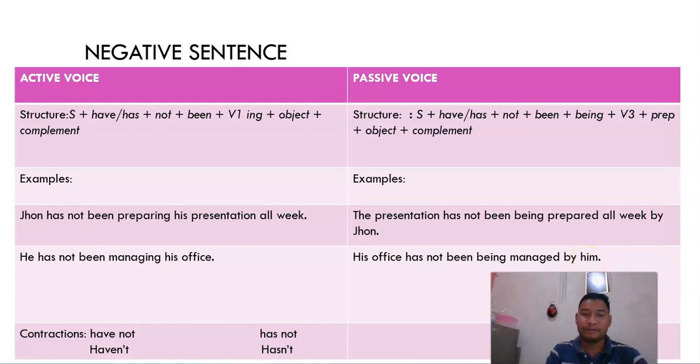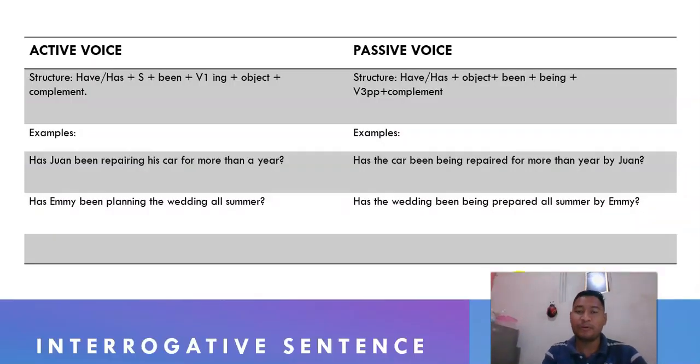Okay. Next slide. Interrogative sentence. As the last point, we have the interrogative sentence. In this case, we exchange the position of the subject, and in its place we put the auxiliary to open the question.